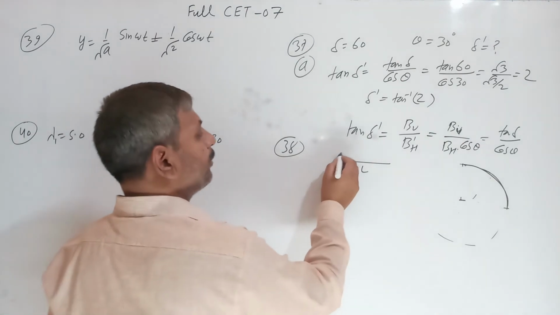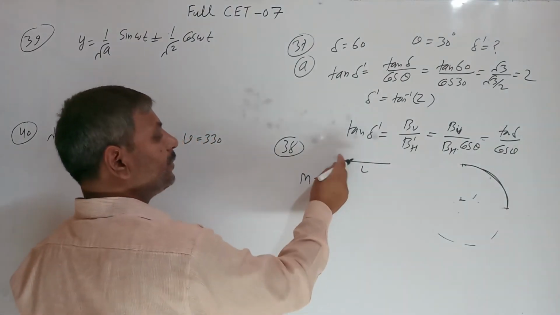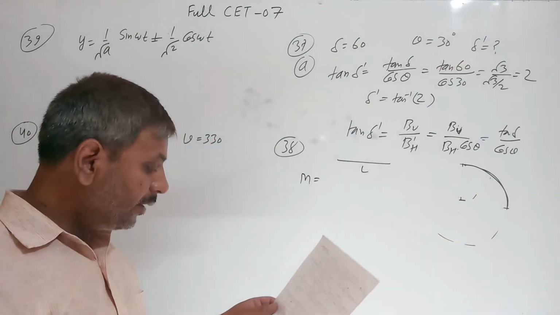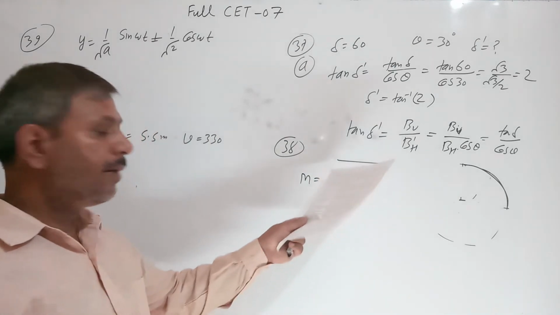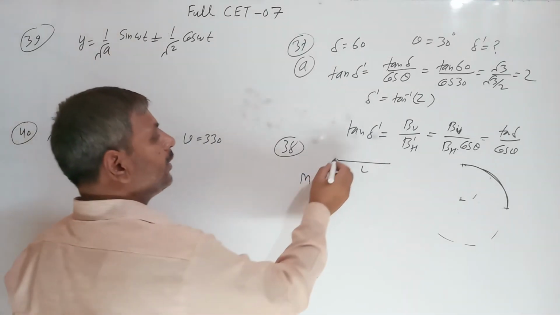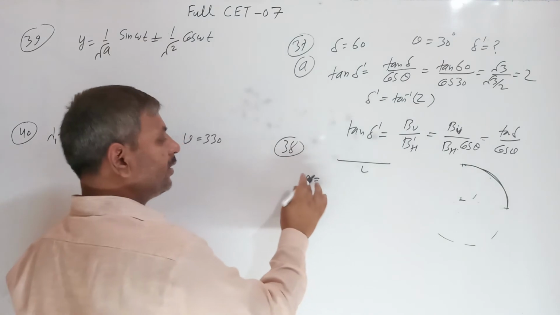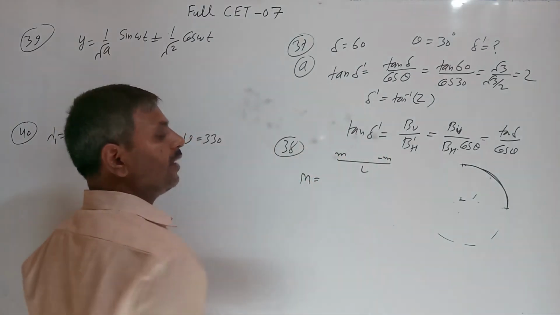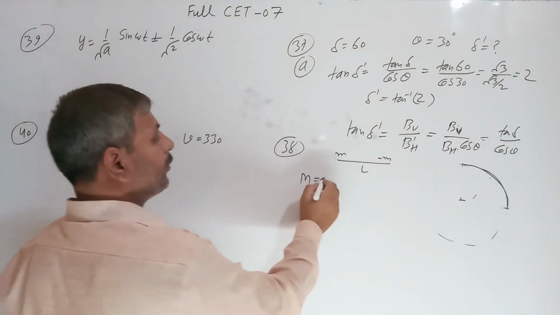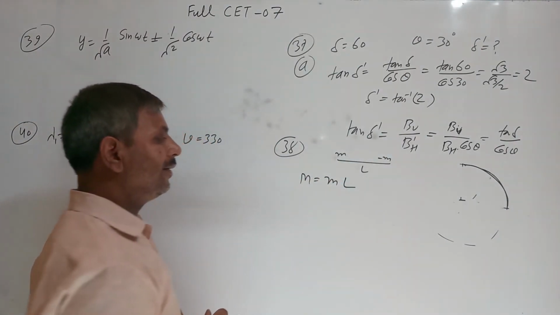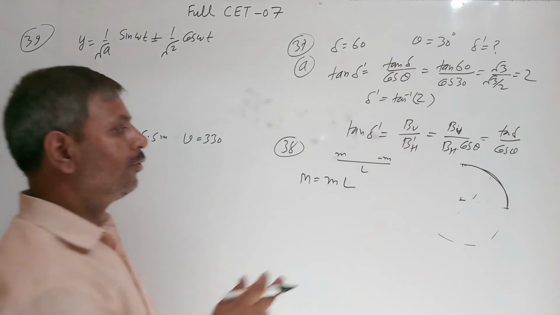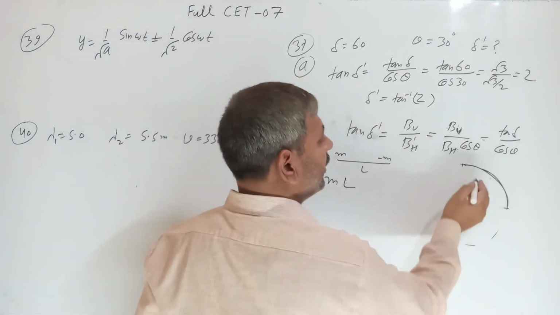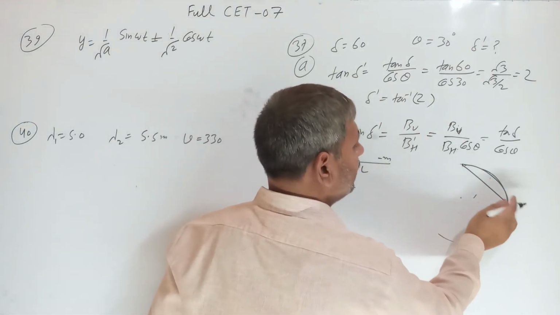See here, suppose M is the magnetic moment of the bar magnet, and the pole strengths are plus m and minus m. So M is equal to m into L, pole strength into length. The pole strength will not change; only this distance will change.